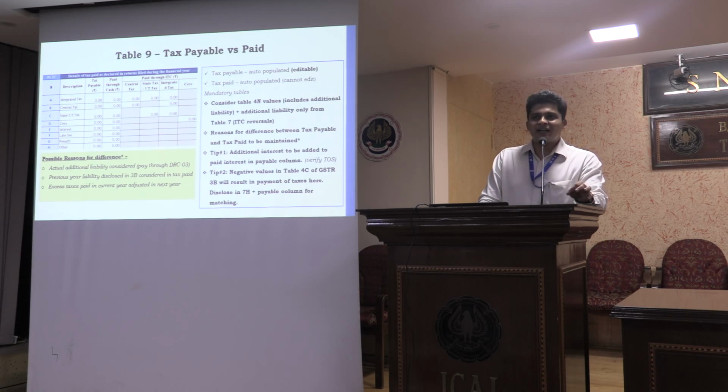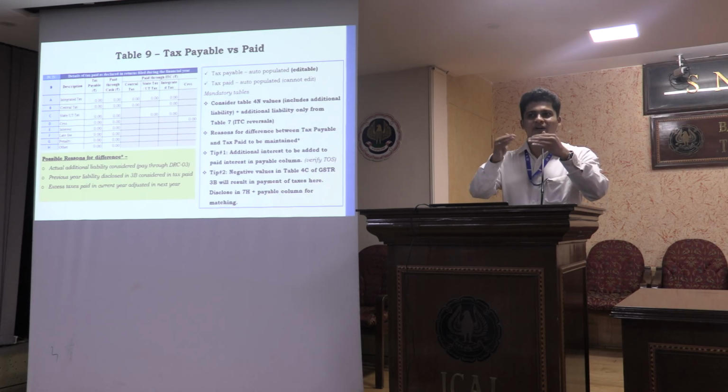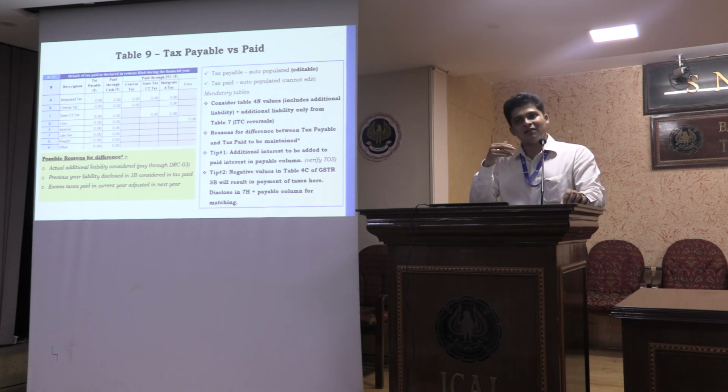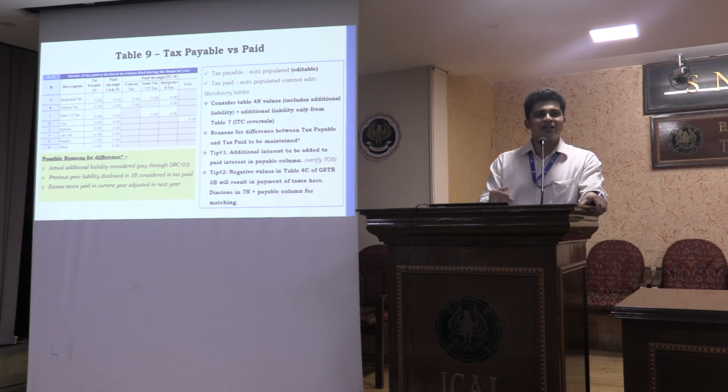So that means my net ITC for the month is negative 50, and that 50 has to be paid. That amount will reflect under paid through cash or paid through ITC in this table, and to that extent there will be a variance. So please have a look at those values also if your reconciliations are not matching. It could be because of negative ITC disclosure in the GSTR 3B.